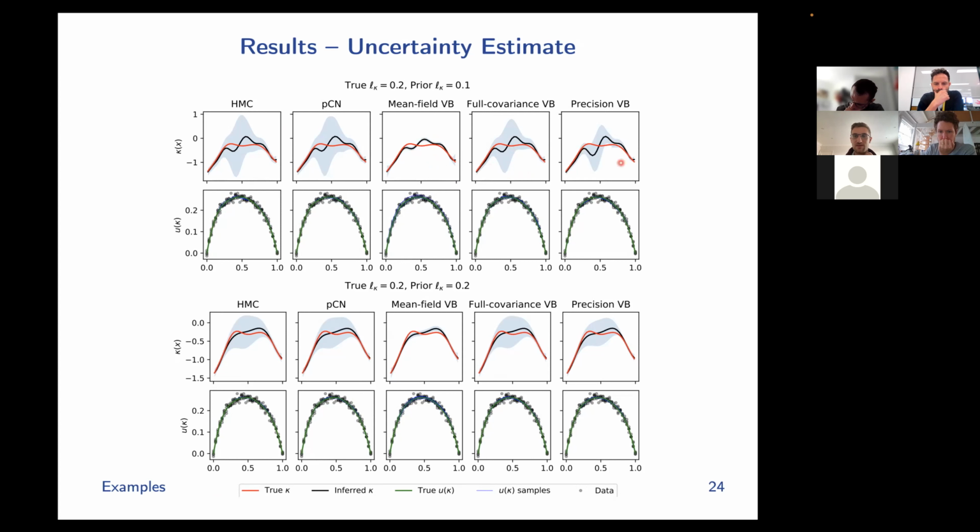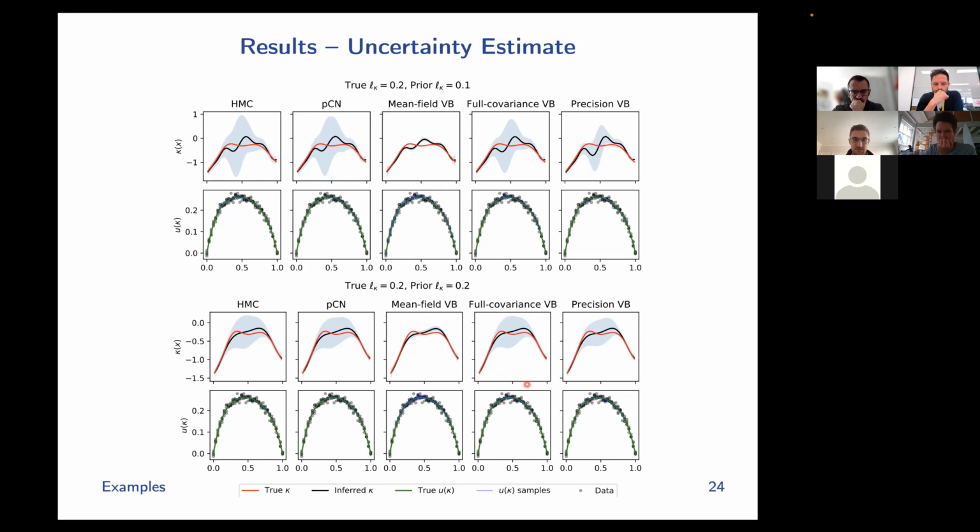Then we have something of a halfway house, which is the precision variational Bayes method that we've been advocating here, where the uncertainty estimate is not as good as the full covariance parametrization, but it's much better than having a diagonal covariance matrix like we have in the mean field variational Bayes.